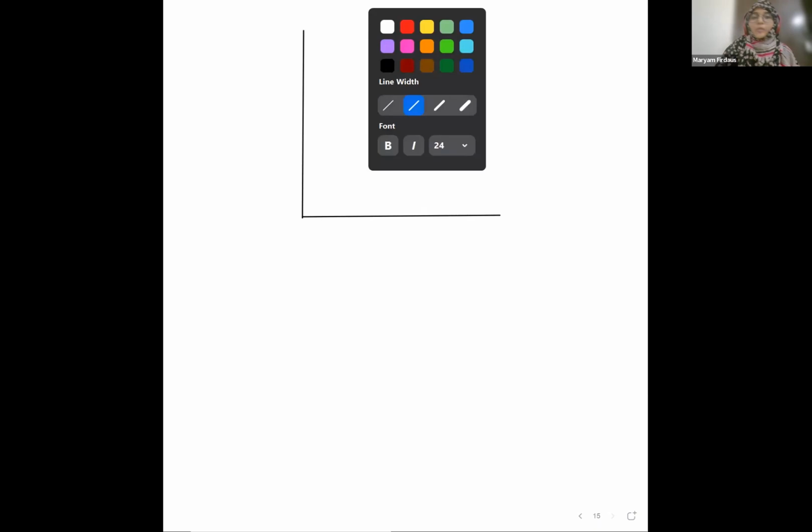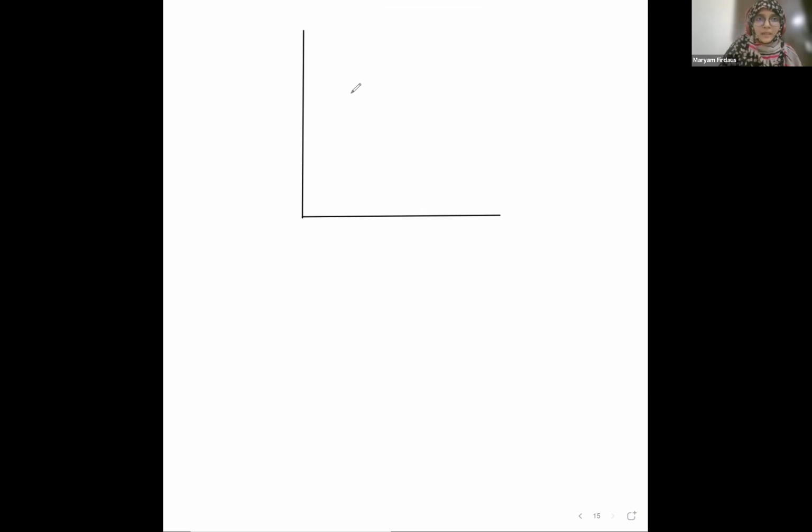Now, this right angle is made up of two angles. This one is like this and the other angle is like this.